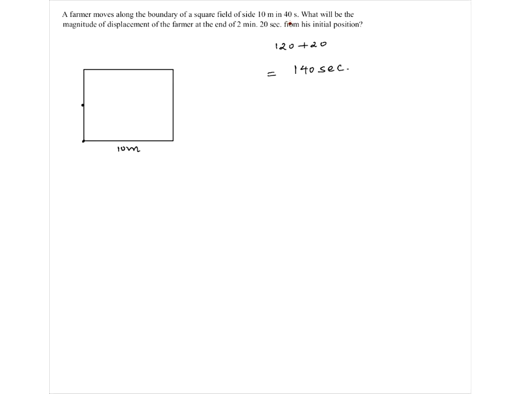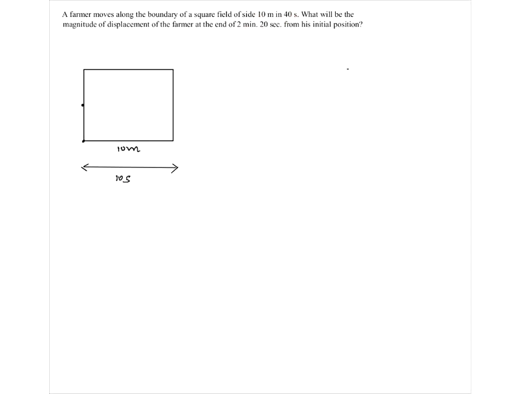So, sir, that means he should be at the diagonally opposite point from where he started. Yes. What we discussed is based on one side covered in 40 seconds. But if 40 seconds is for the whole square, then one side is covered in 10 seconds.